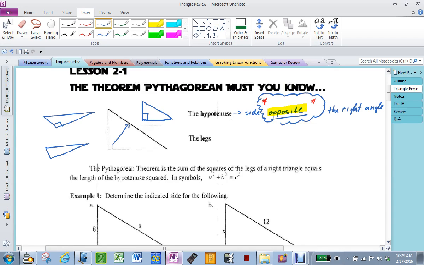Okay. Is everybody with me? Yeah. All right. The hypotenuse is also labeled as side C. The legs are the other two sides, and they are interchangeable.